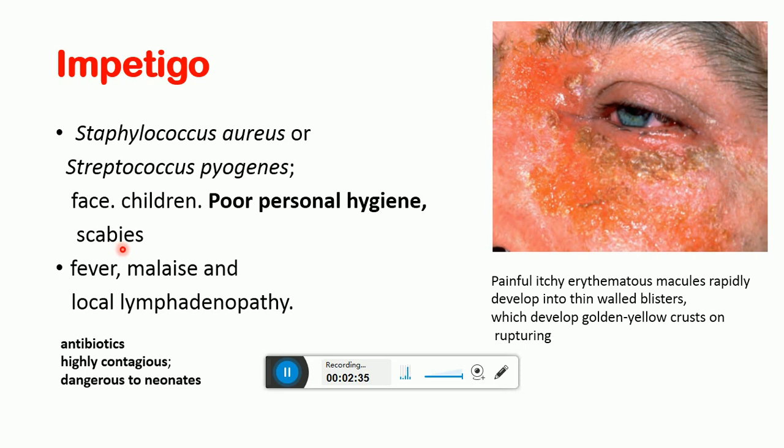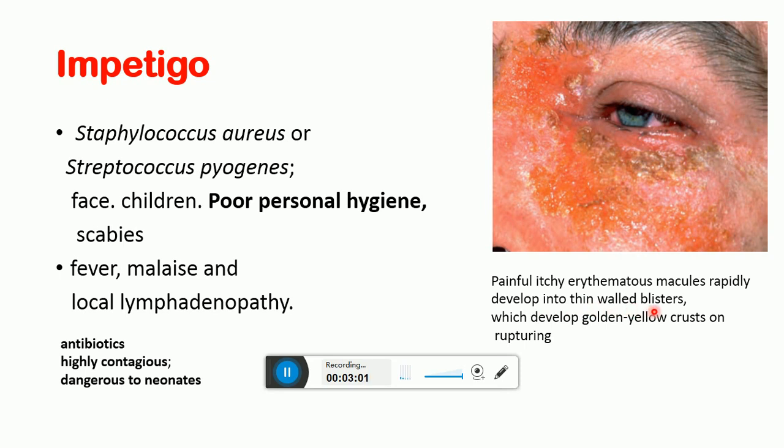The signs and symptoms are that it is painful, and there is itchiness, and there is erythematous macules which rapidly develop into thin-walled blisters.